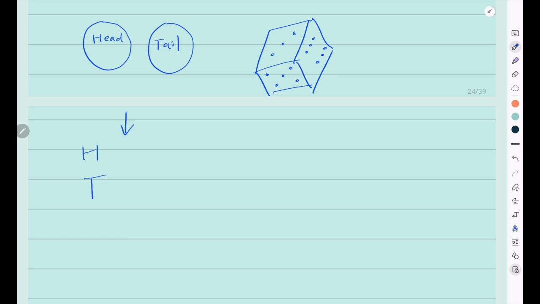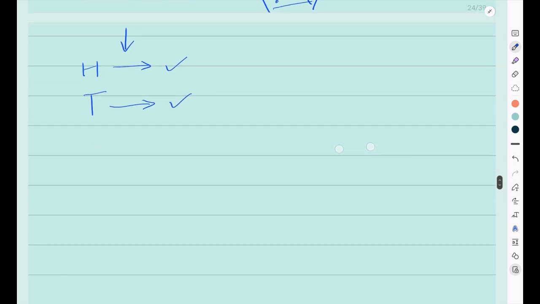After the tossing, on the top you can see either head or tail. So there are basically two outcomes, and by outcome I mean what is possible to come. The outcomes are only head and tail.